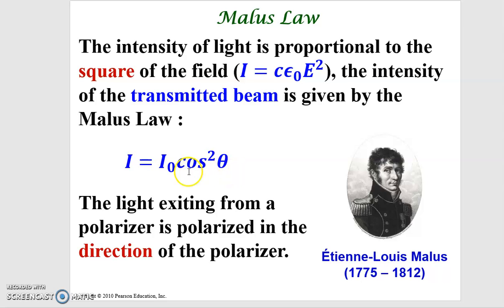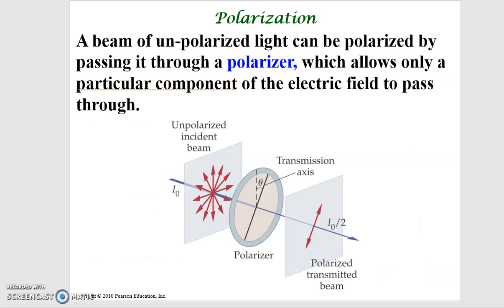So what is theta? Let's take a look at this diagram. It is the angle between the transmission axis and the original direction of the electric field. And for sure, here you have random directions, so theta will depend on which component is blocked.